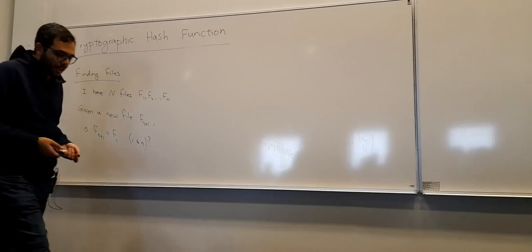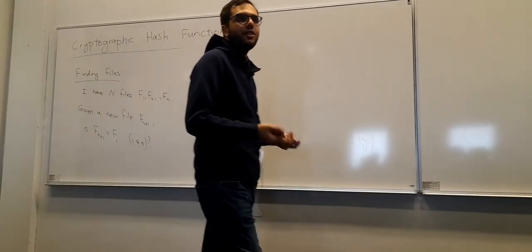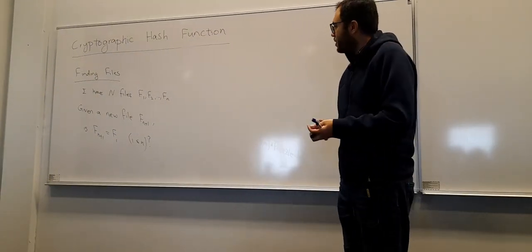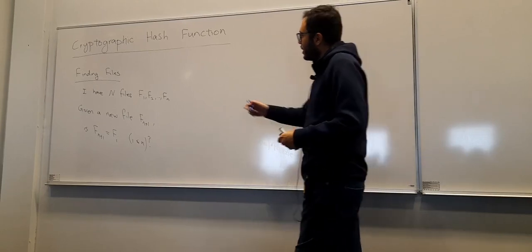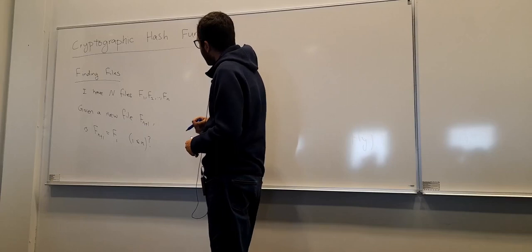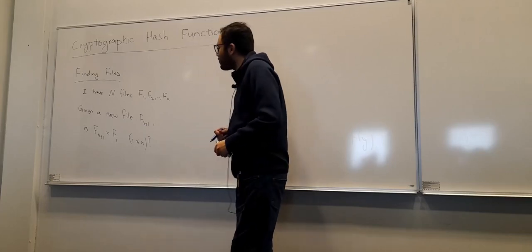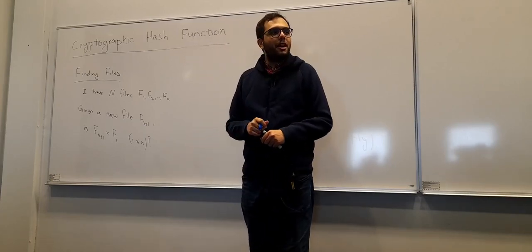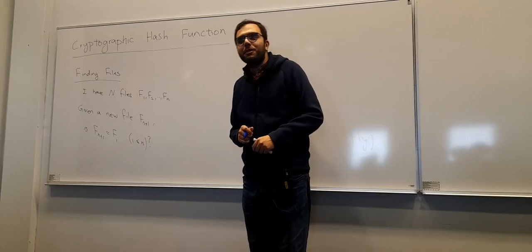Well, very simply, I can just compute the hash of every file whenever I store it. So whenever I store the file F1, I also save its hash. I just realized that I'm using F for both files and the hash function. So now I'm going to use H for the hash function from now on.